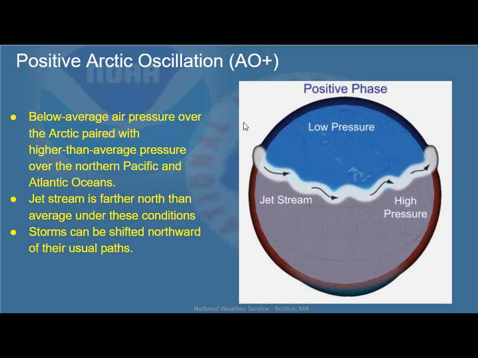So in a positive AO phase, don't be surprised to see the storms tend to be steered towards Canada, and for us it will be too far to the south, and locally that means a warmer and drier pattern.